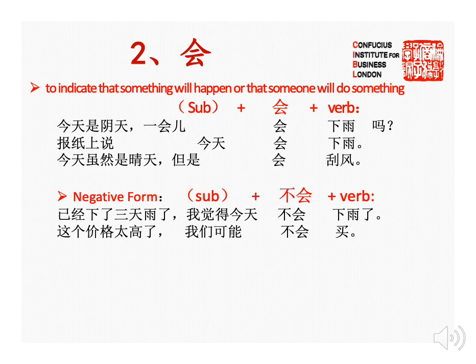So, 了 here is not the marker of already passed or something already happened, but something will happen or will not happen. Another example, 这个价格太高了，我们可能不会买。So the price is too high, we may not buy, so will not happen.